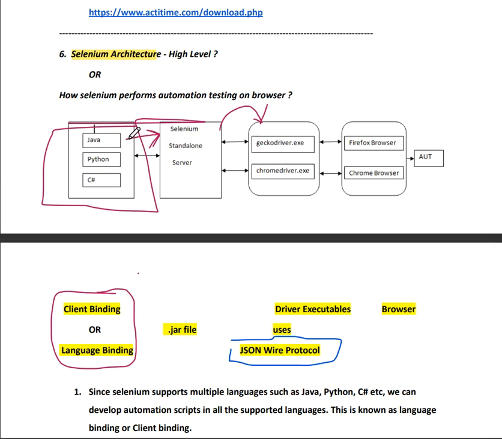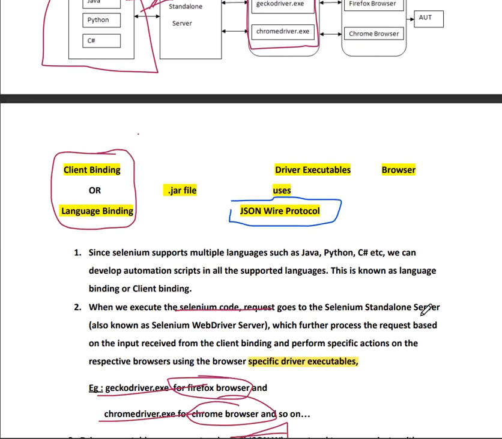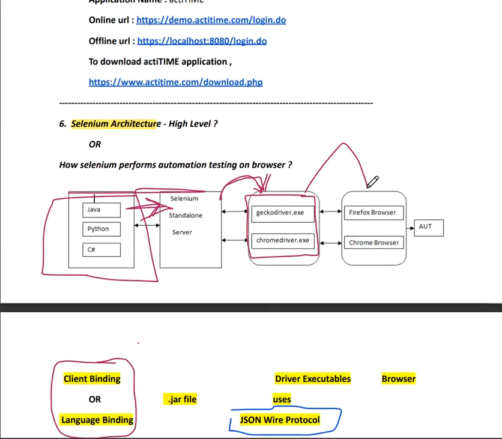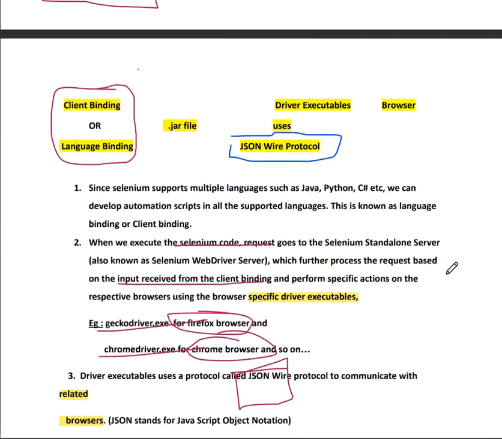Once we create our test script, it will be sent to the Selenium standalone server, and the Selenium standalone server will transfer this request to the browser driver executable file, and this browser driver executable file performs the action based on the input received from the client binding, and it will then transfer to the respective browser driver.